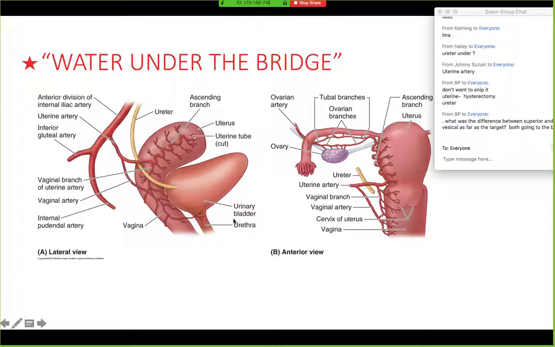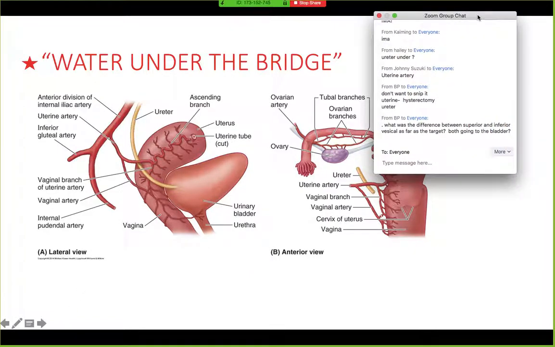And make sure, what was the, yeah, they're both going to the bladder, so the superior vesical, superior part of the bladder, inferior vesical, inferior part of the bladder.